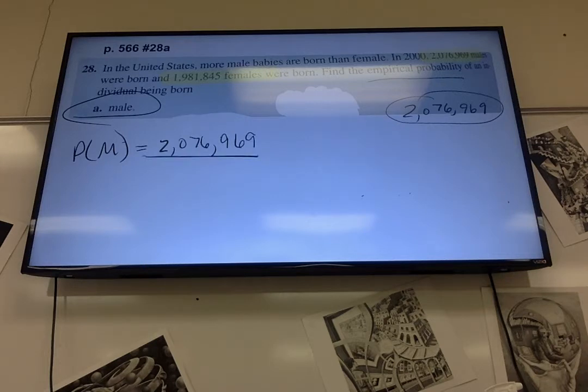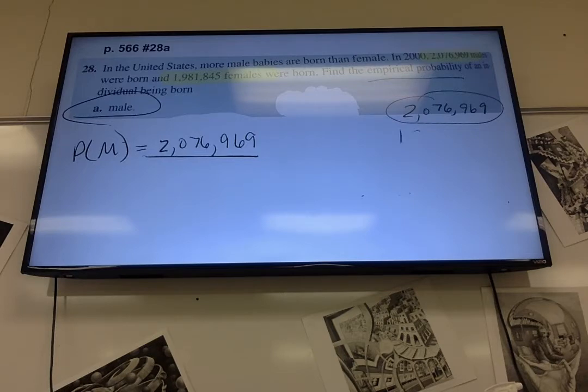On bottom, what would you put? No. Now, if I had the probability of females, that would go on top. On bottom is always what? The total.